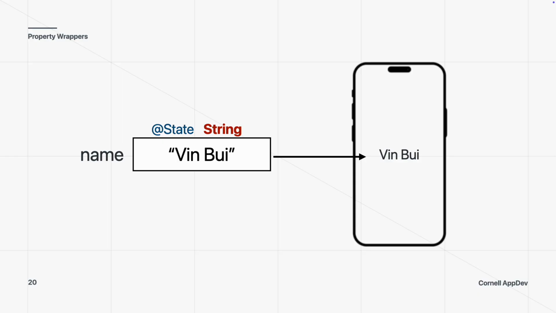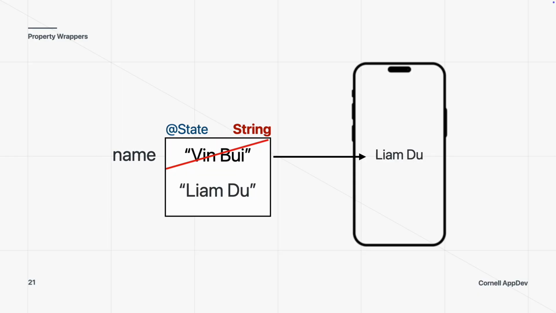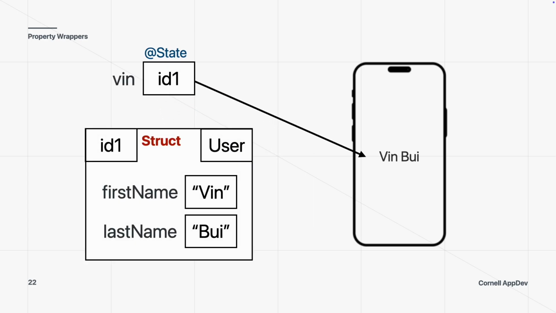So this is what was happening previously with our count variable, right? We had this random variable, and we directly changed it within our view. And this is just an example with a string, right? But now we have something a little different, because we're referencing an object and we're referencing a struct.